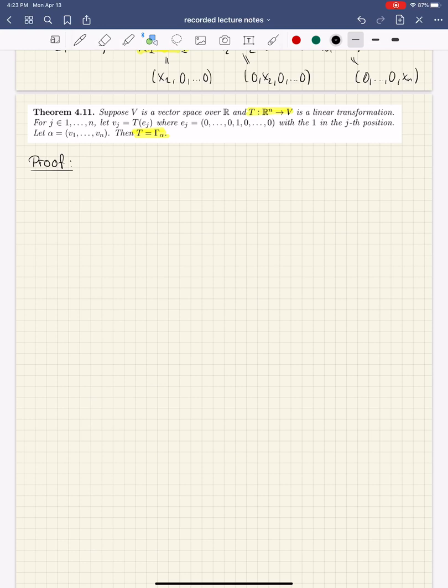So how do we prove that two linear transformations are the same? We do it by showing that they coincide on every element. So now, for all (x1, ..., xn) in R^n, we have that.